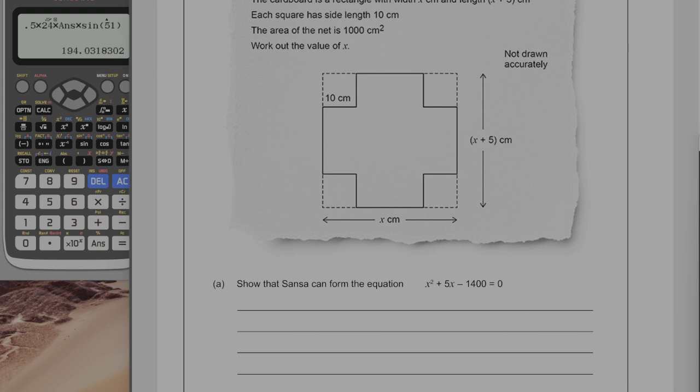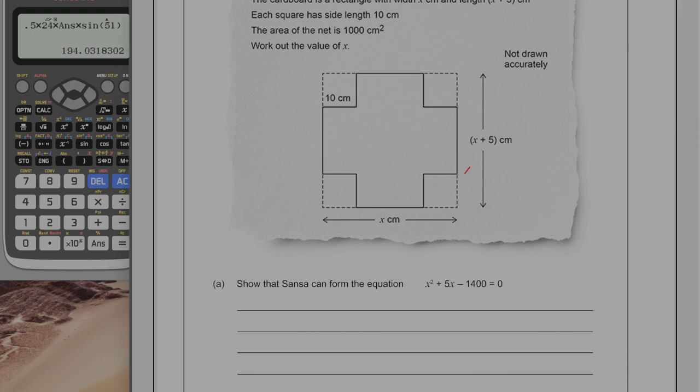Right, so what I'm going to do is say the total area would have been x times x plus 5. From that, though, we need to take off 4 of these squares, so minus 4 lots of 10 times 10. And that has to be equal to 1000.